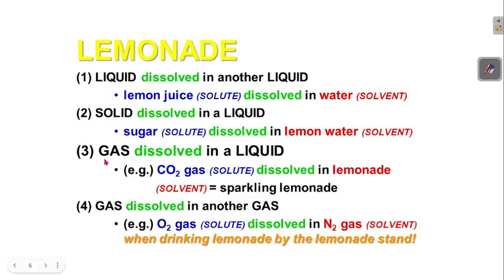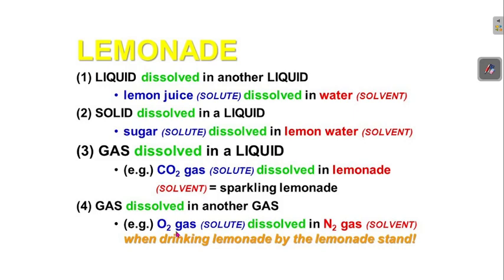So you can dissolve gas in that sugary lemon water that you created. The CO2, the gas, is your solute that you're dissolving in a solvent that is the lemonade that you created, and you're making sparkling lemonade.